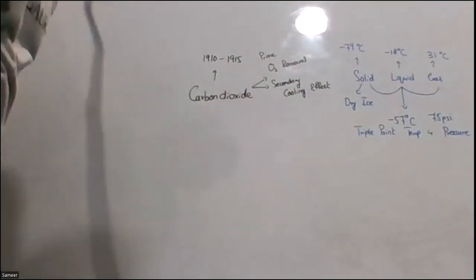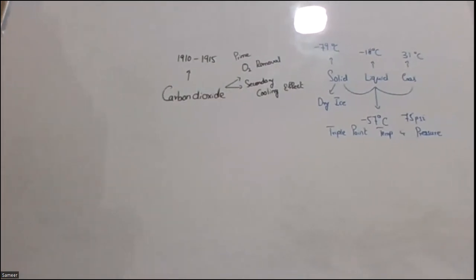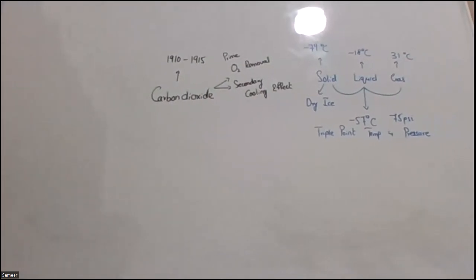Meaning at a specific temperature of minus 57 degrees Celsius and a pressure of 75 psi, carbon dioxide occurs in all three forms. It is solid, it is liquid, and gas, in all three forms in equilibrium with each other.